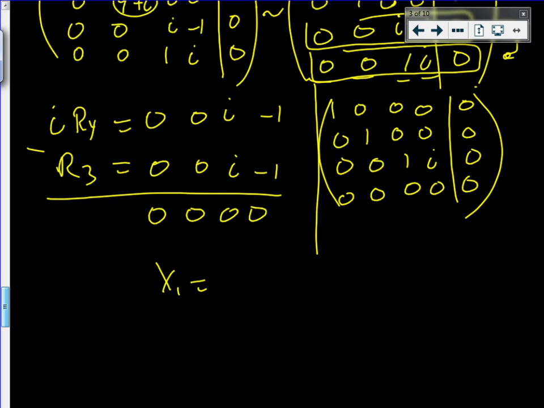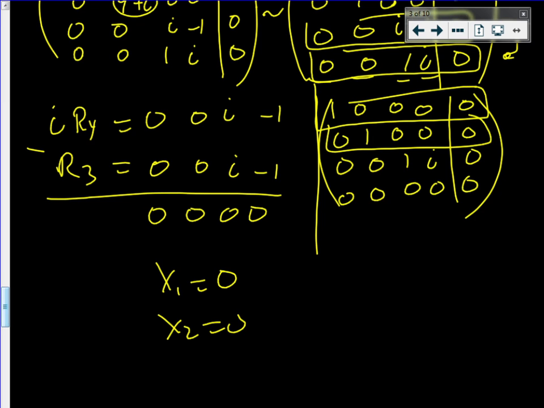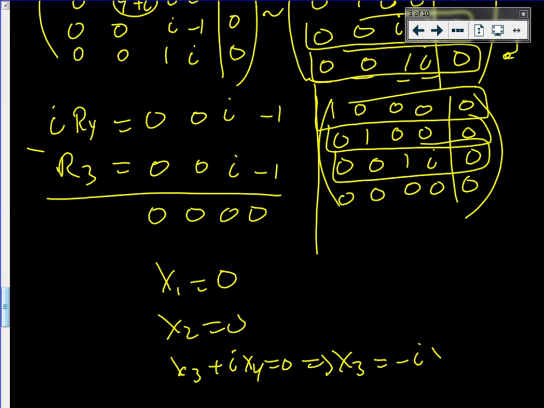The first line tells me x1 is 0. The second line tells me that x2 is 0. The third line tells me that x3 plus i times x4 is 0. That means that x3 is negative i times x4. And x4 is free. It equals r, any real number. So it's negative i times r.